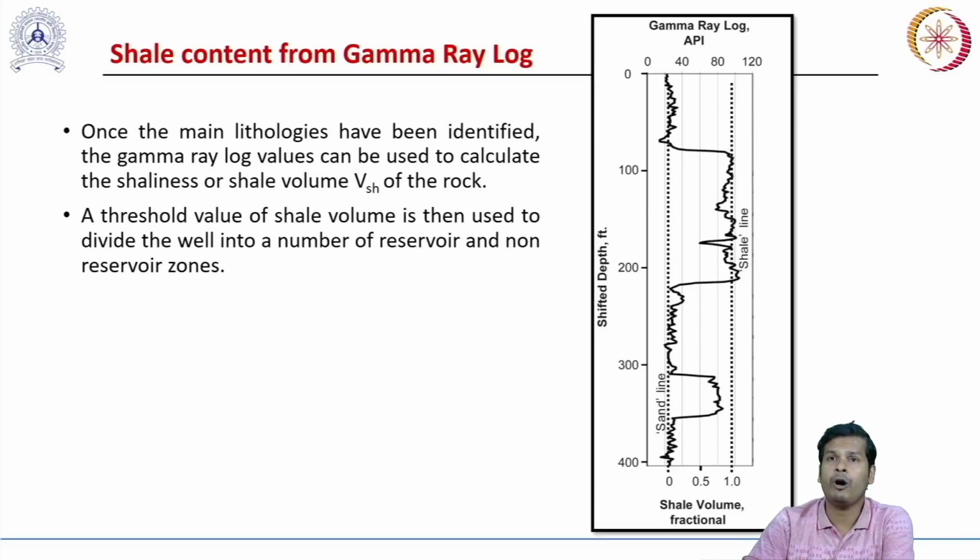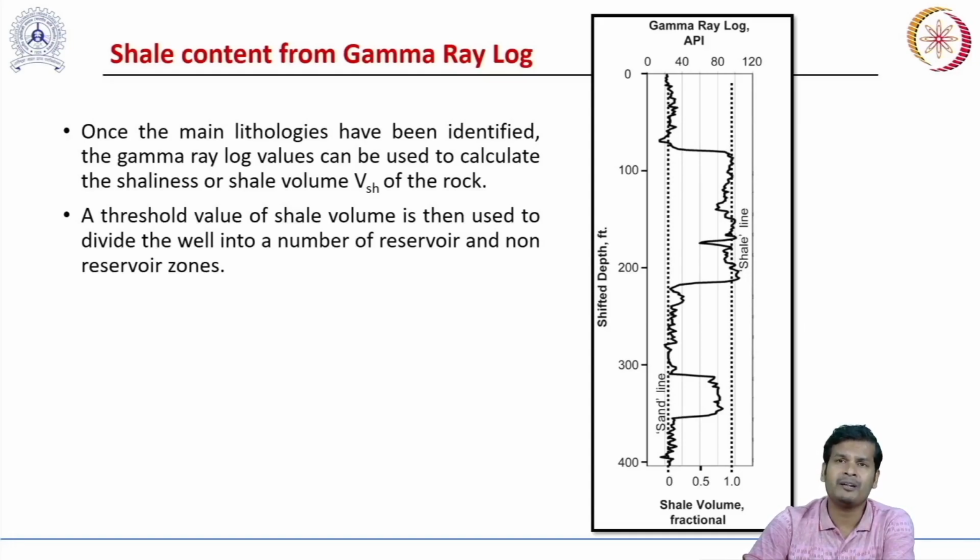One of the objectives of calculating the shale volume is to help us in interpretation of our neutron and density log data. Also, on the basis of shale volume, we can define whether a reservoir rock is there or not. For example, we can define a cutoff value of shale volume. If the shale volume or shale content of the rock formation is greater than the threshold, that means it's not a reservoir rock.